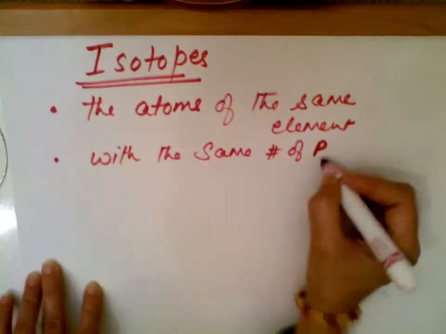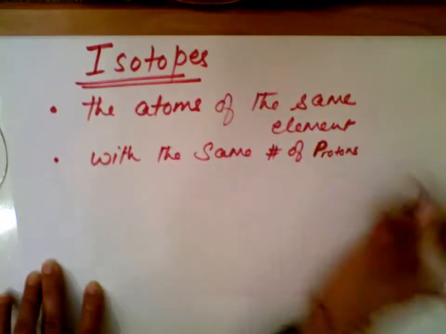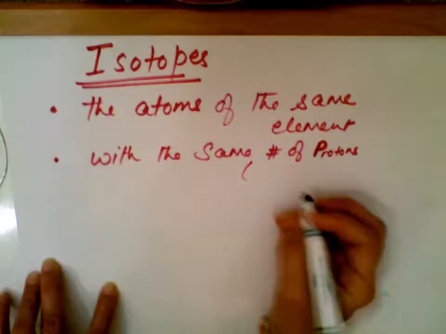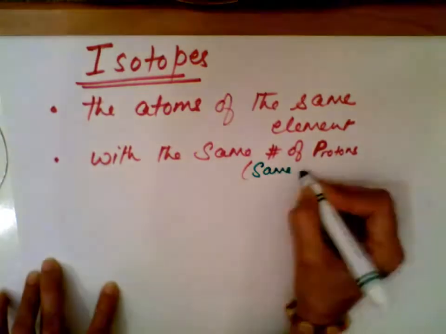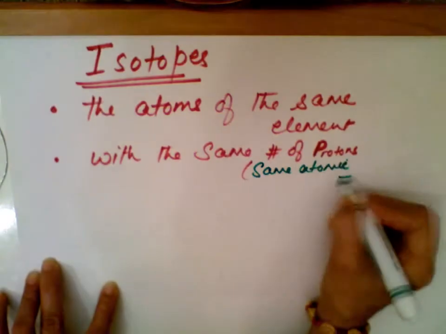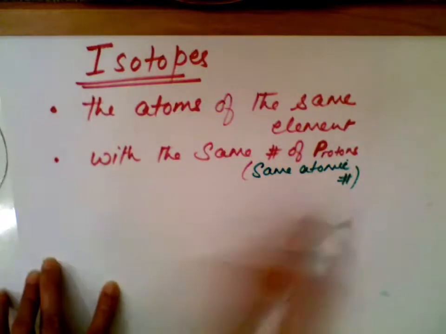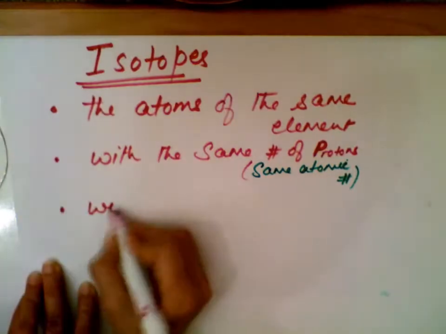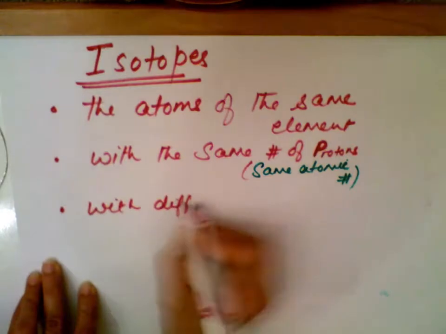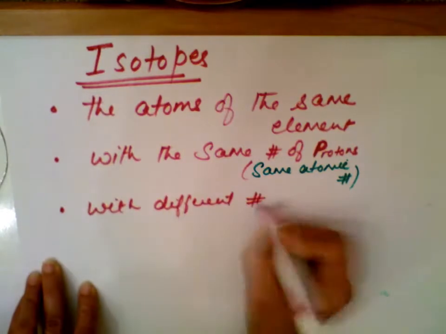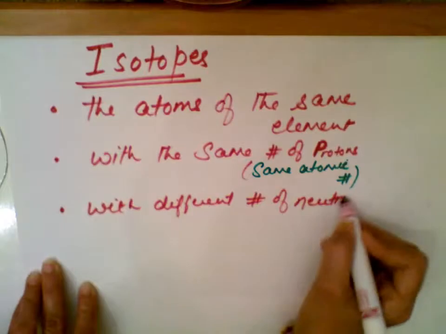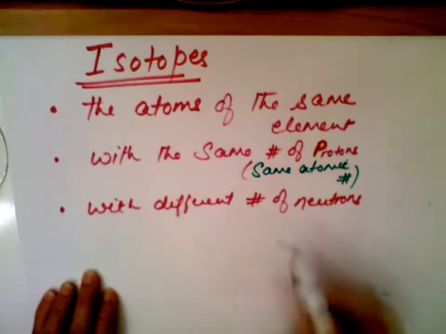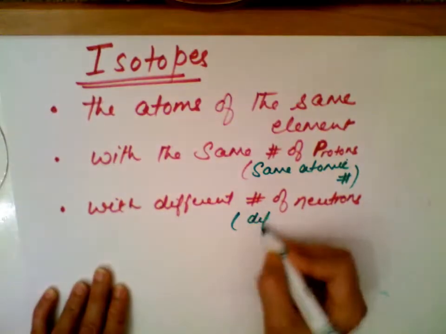If it is the same number of protons, that means the same atomic number, because the atomic number is determined by the number of protons. But what is different about them is a different number of neutrons.